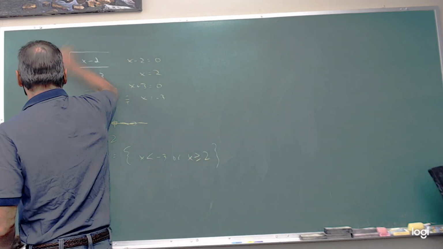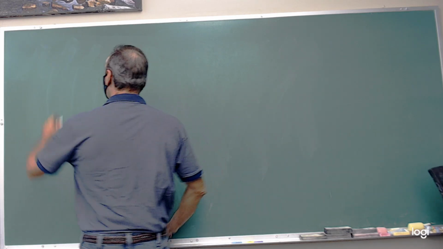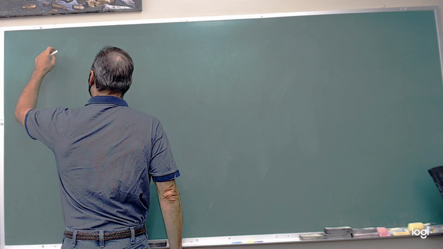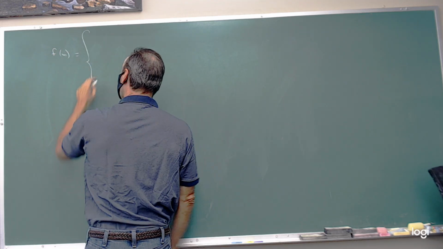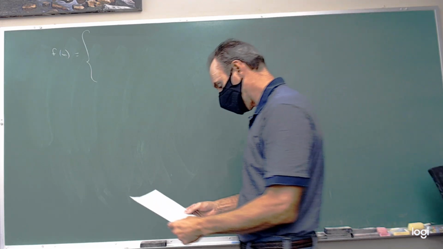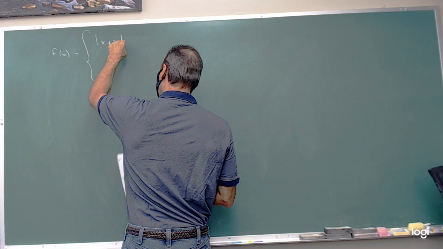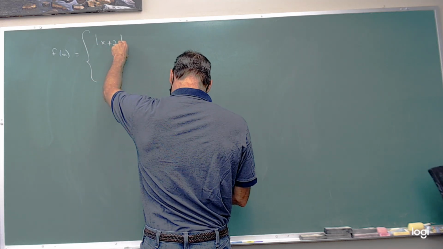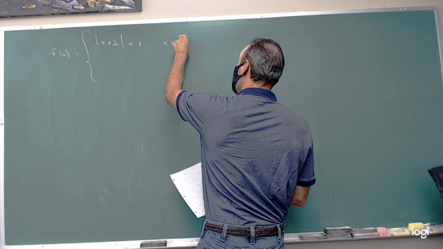All right. Let's do a piecewise function. I'm going to ask you a few questions here. First, let me give you what the piecewise function is. Let's say we have the absolute value of x plus 2, plus 1 for x less than -2.